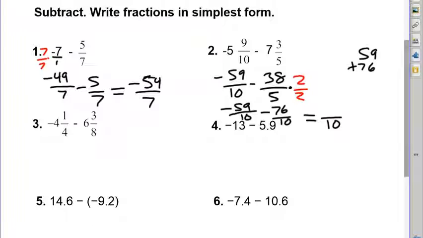Because I have a negative minus a positive, it's going to be a bigger negative number, and we can find that by adding. 9 plus 6 is 15. Carry the 1. 1 plus 5 plus 7 is 6 plus 7, or 13. And our result for 59 plus 76 is 135. So our result of subtraction is negative 135/10.